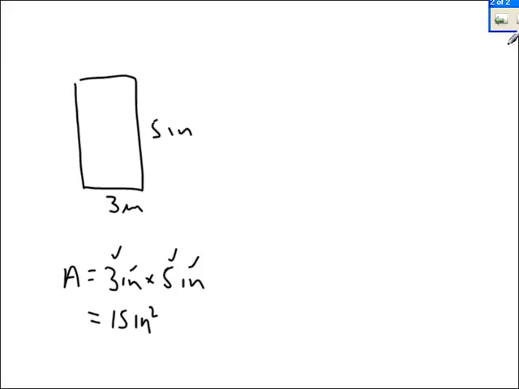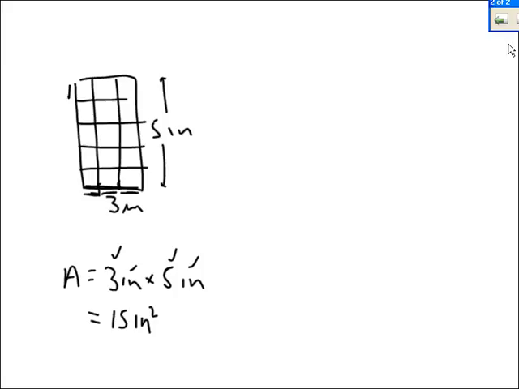Now, what does it mean that the area of this rectangle is 15 square inches? Well, since this is 3 across, I can divide it into 3 equal parts, each 1 inch. This is 1 inch, this is 1 inch, and this is 1 inch. And likewise, since this is 5 inches, I can cut it up into 5 single inches.